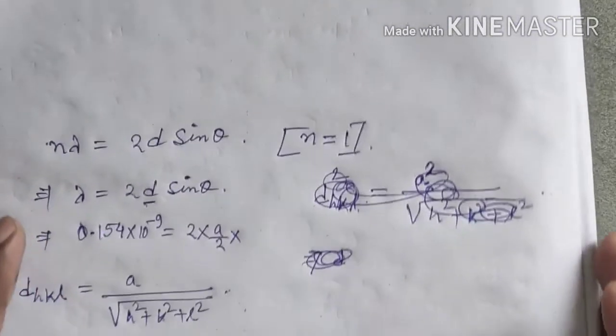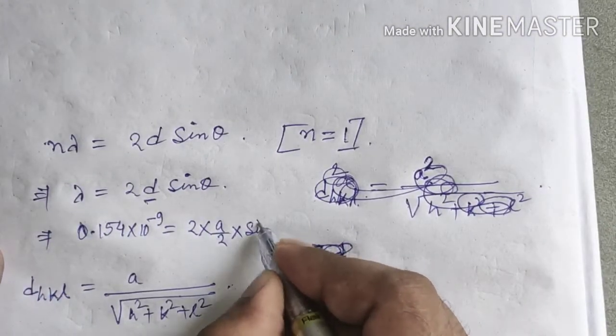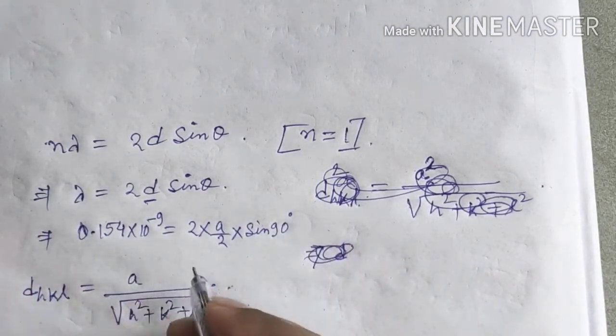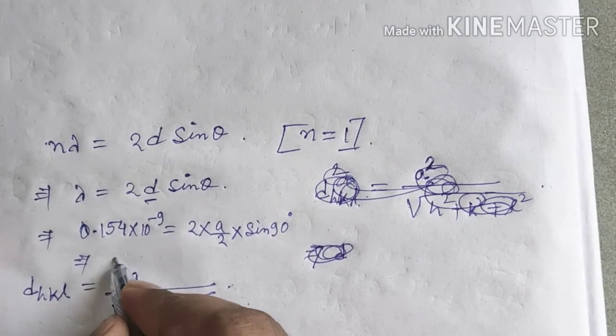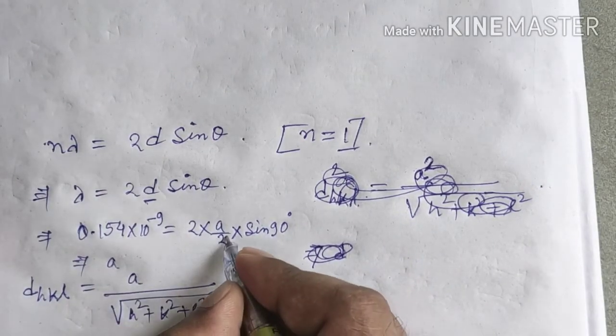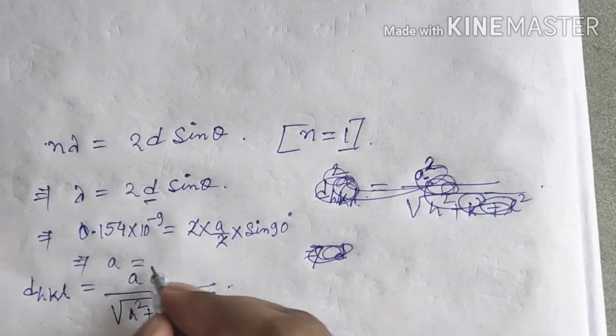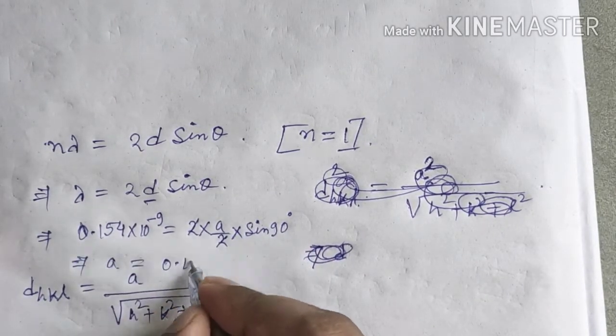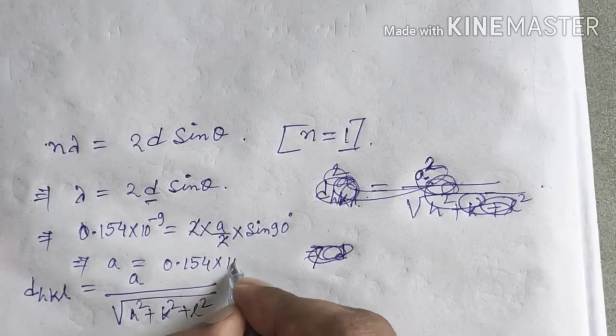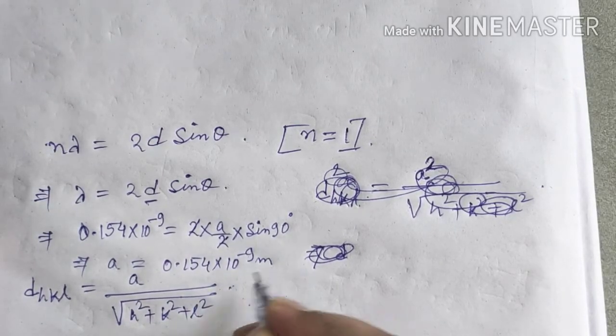So putting this value here, it is sine 90 degree. From this equation we can get the value of A: the 2 will be cancelled out, and sine 90 is equal to 1. So the value of A is equal to 0.154 into 10 to the power minus 9 meter.